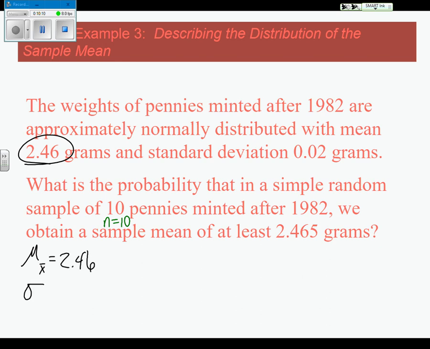Okay, my spread. To find my spread, I'm just going to take what my original standard deviation was, this 0.02, and divide it by the square root of n, the square root of how many pennies I am weighing. And when I did that, I got 0.00063.